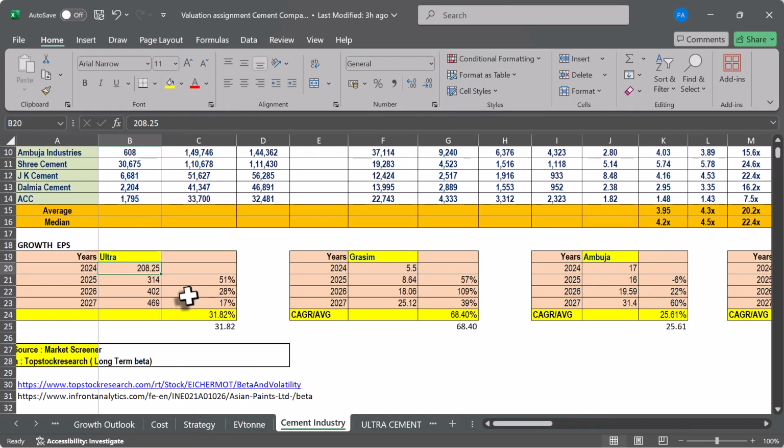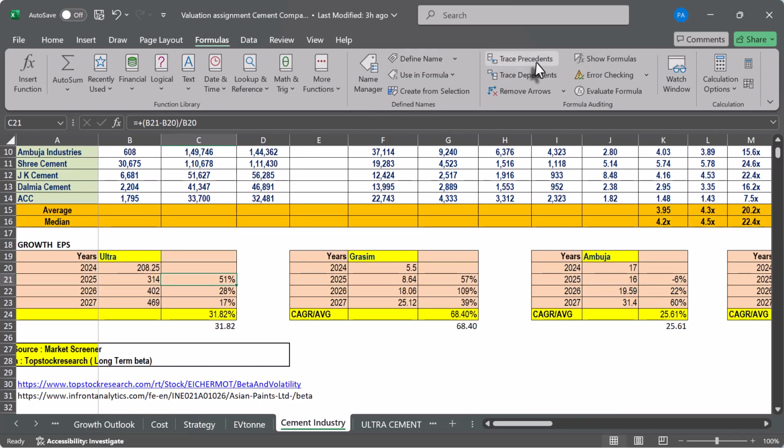So once we have done this for all the companies, what we'll do is find out the growth. Now growth, if you see the formula here, is basically the difference between the two numbers. So there was a 51% increase in the profit of Ultratech from 2024 to 2025. Similarly, the profit is going to be 402 against 314.